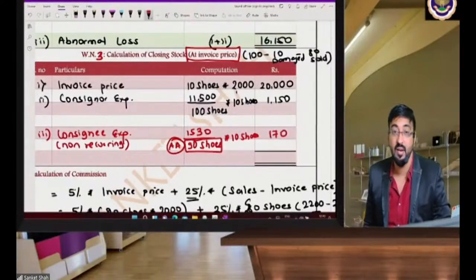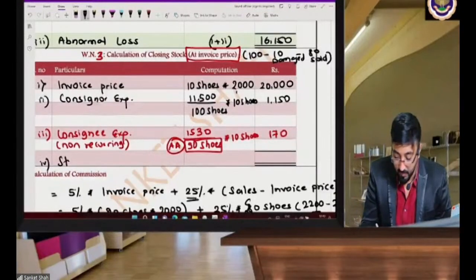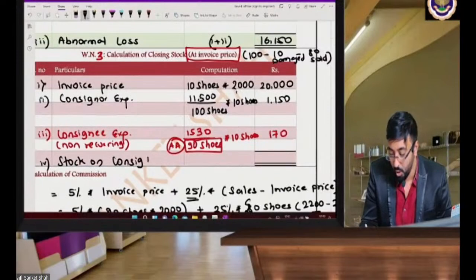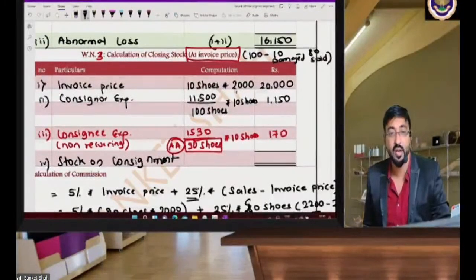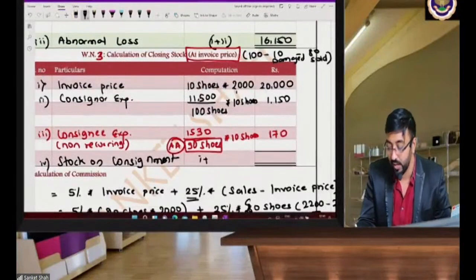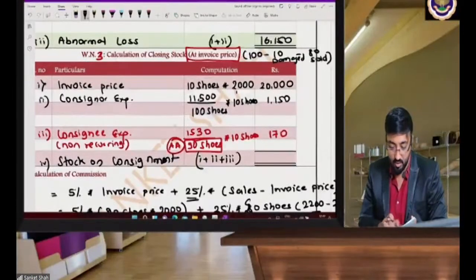And here, now you are getting stock on consignment. Don't make silly mistakes, and write it in red pen. Whenever you are getting a wrong answer, it's always better to write it in red pen. 1 plus 2 plus 3, na sir. 20,000, 1150 plus 170.